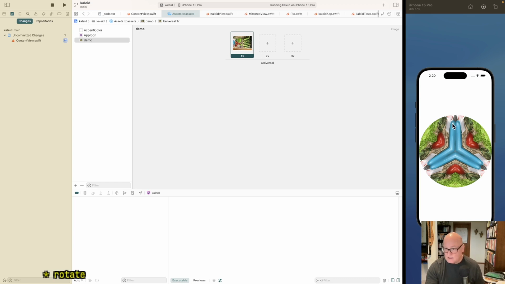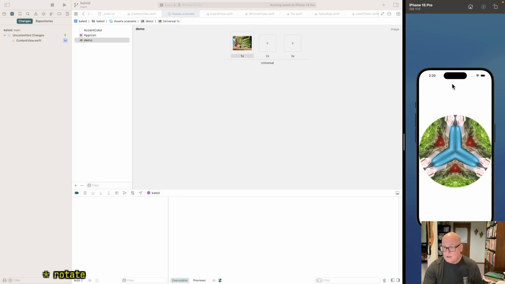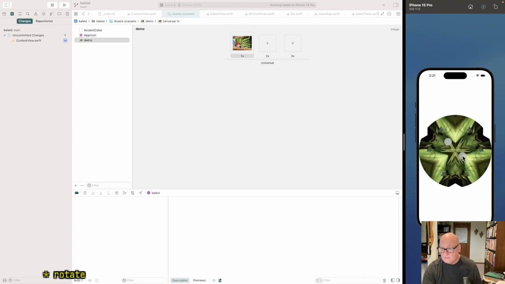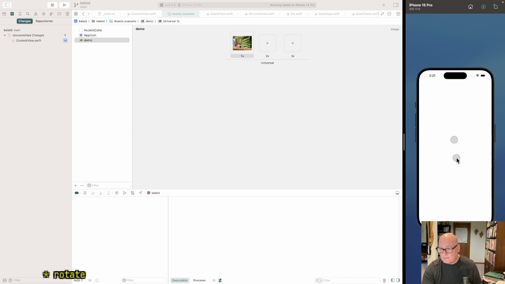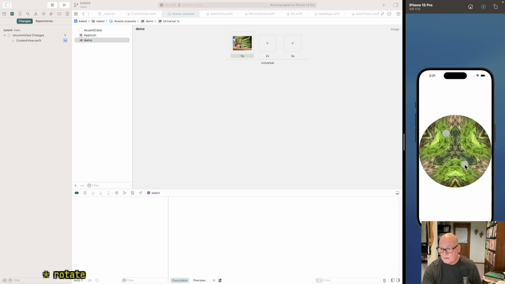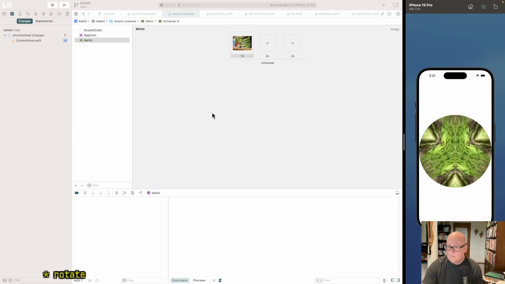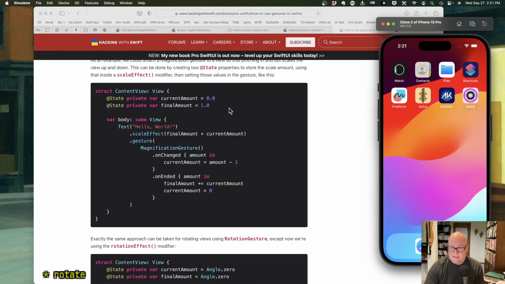But I think what this is telling me is if I were to somehow figure out how to scale this right, oh whoops, rotation, like that's just too far. Okay, but that's kind of what I want. And then the Y.